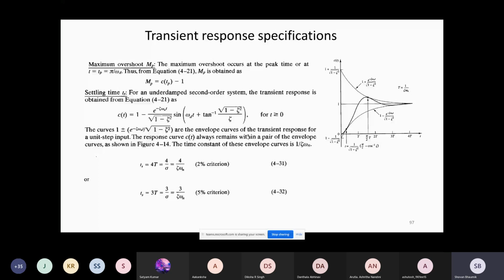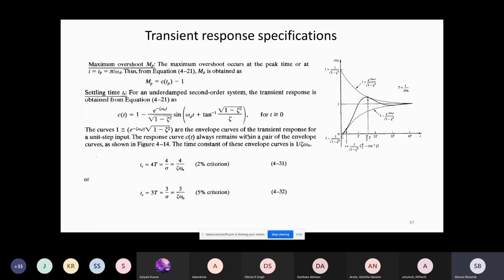If you plot that, you get a second order underdamped response, and from the response you can easily see where it reaches the peak and where it reaches the steady state value, and also calculate peak time, rise time, delay time, settling time, and steady state value.